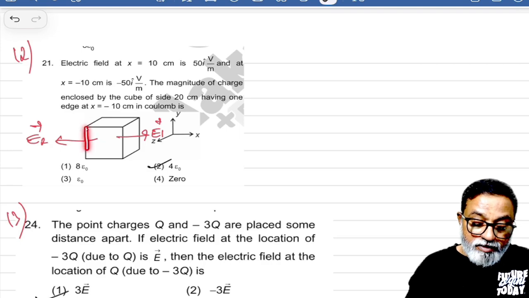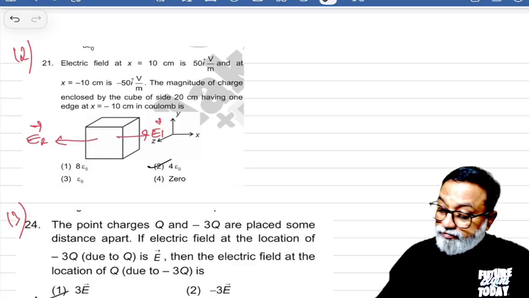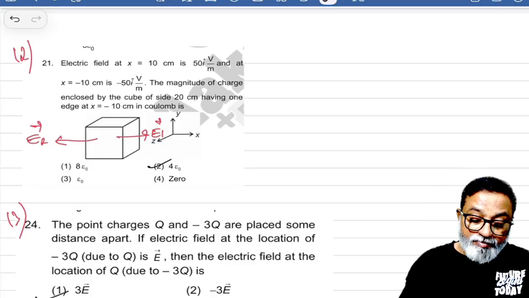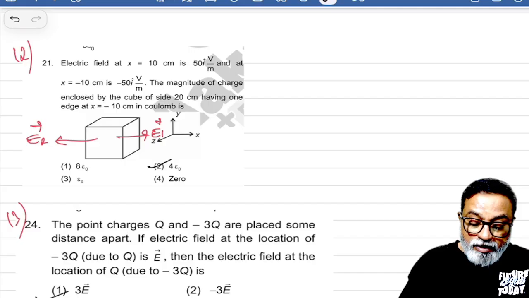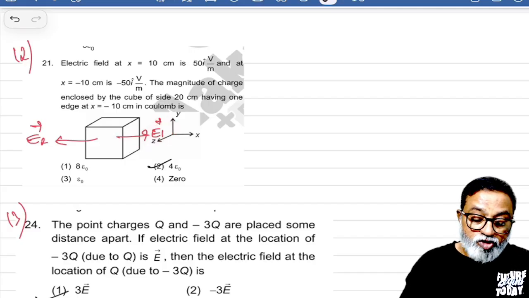See here, this side is at minus 10 centimeter and this one is at plus 10 centimeter. At this point intensity is along the positive x direction. Here intensity is along the negative x direction.